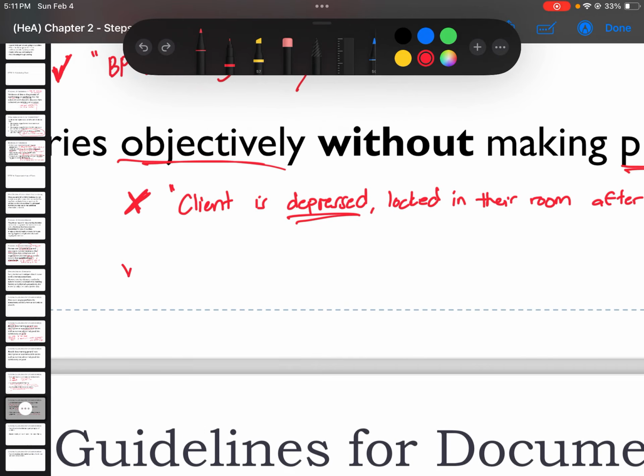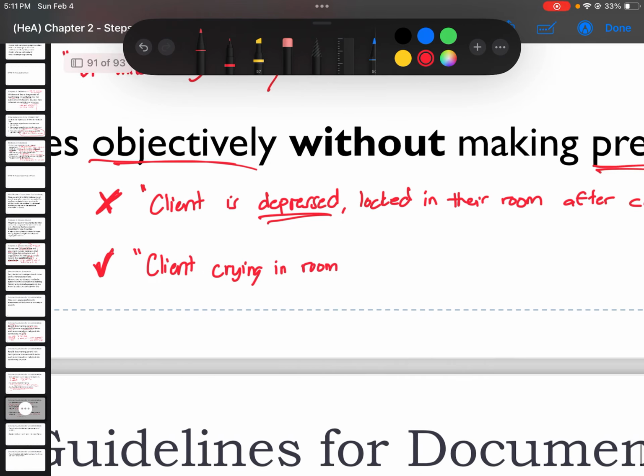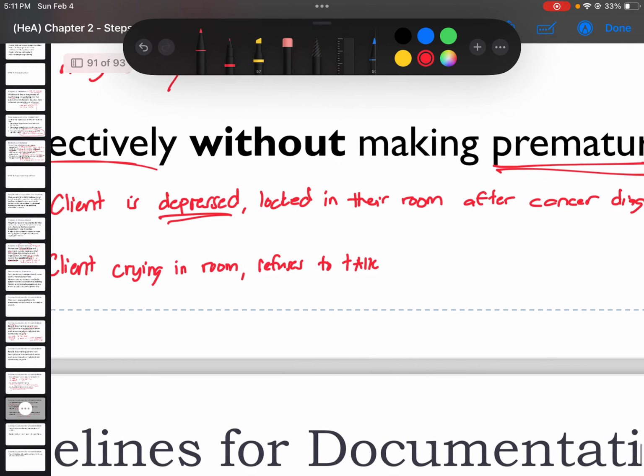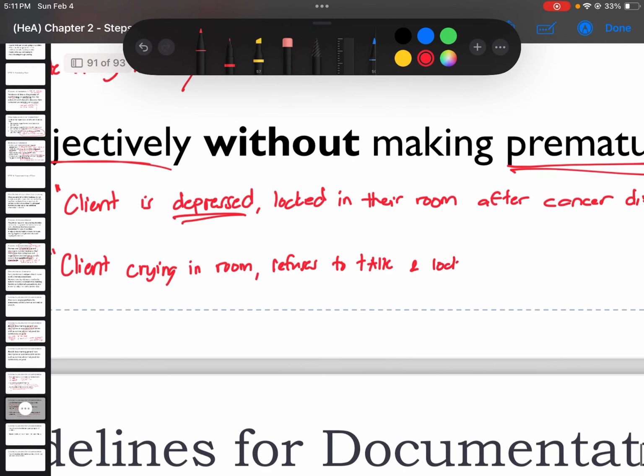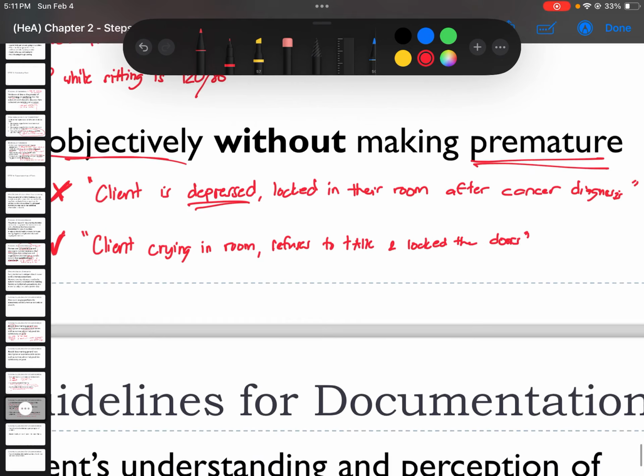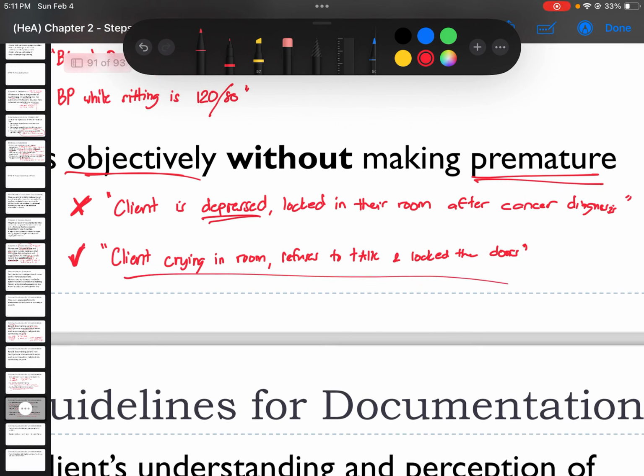Instead, what you should chart is an objective type of charting. Client crying in room, refuses to talk, and locked the doors. In this instance, class, we are not assuming.